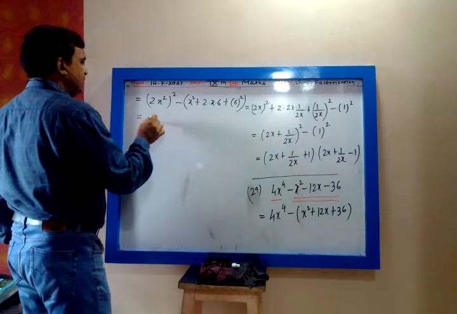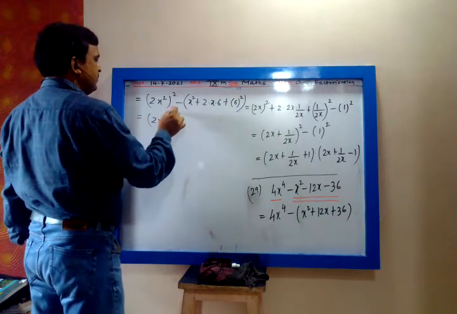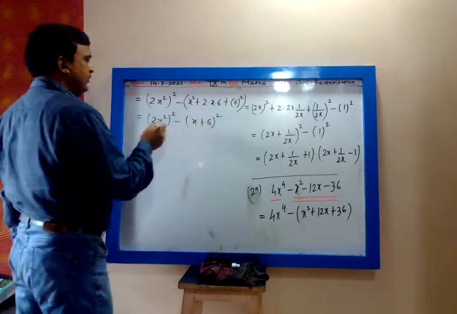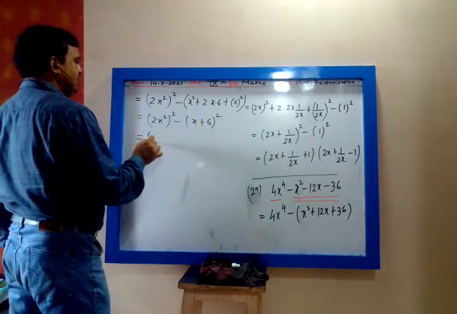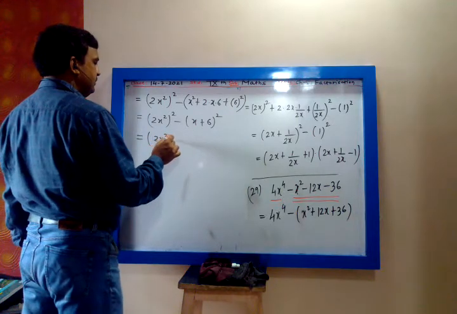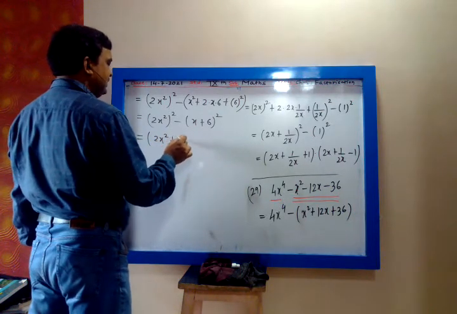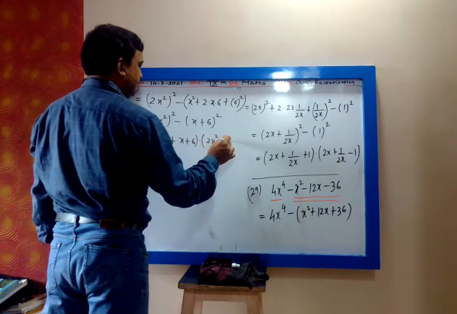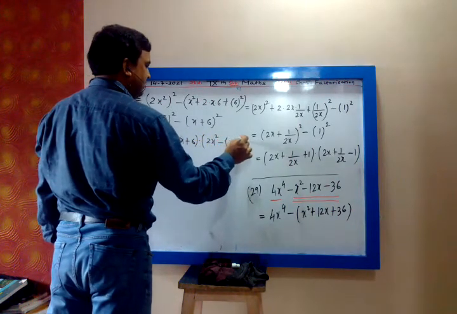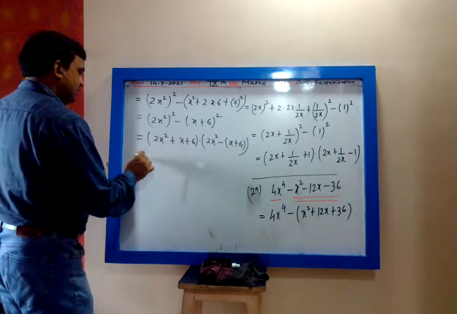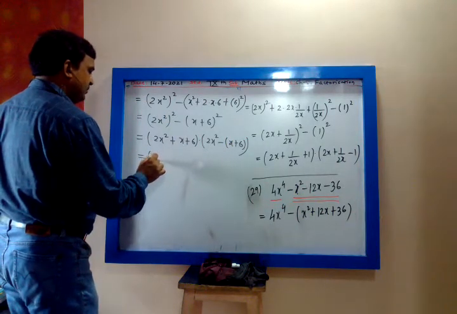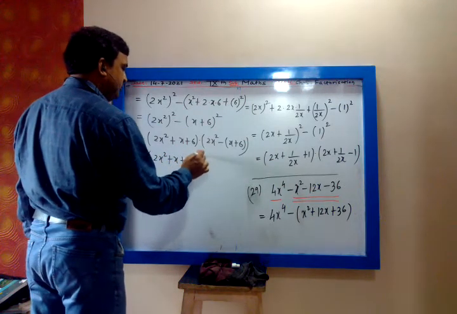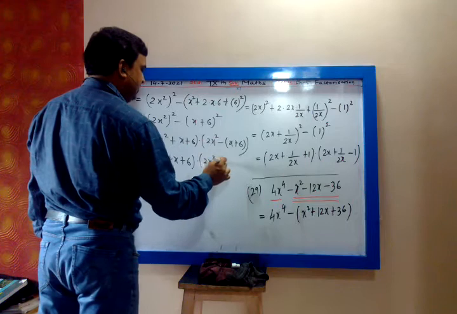So this is 2x square minus x plus 6 whole square. So a square minus b square is (a plus b) into (a minus b). So 2x square plus x plus 6 into 2x square minus x plus 6. So this is 2x square plus x plus 6 into 2x square minus x minus 6.